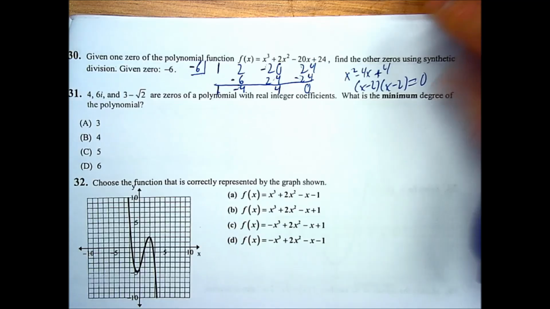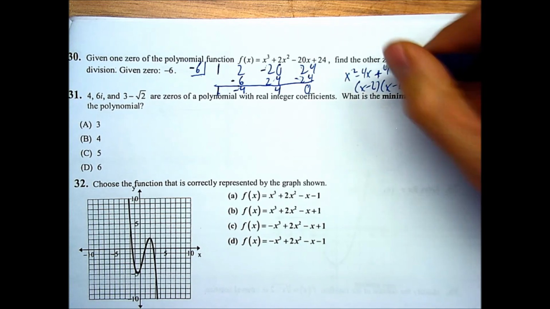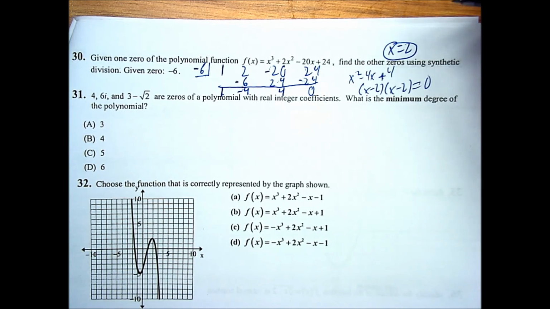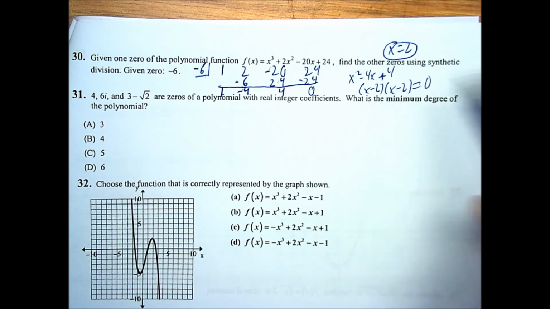And this actually only has one other 0 at x equals 2, because x minus 2 equals 0. It would have 3 zeros as a cubic, but 2 of them are the same here. Two of them are both x equals 2, because that quadratic in the end factored with a square.